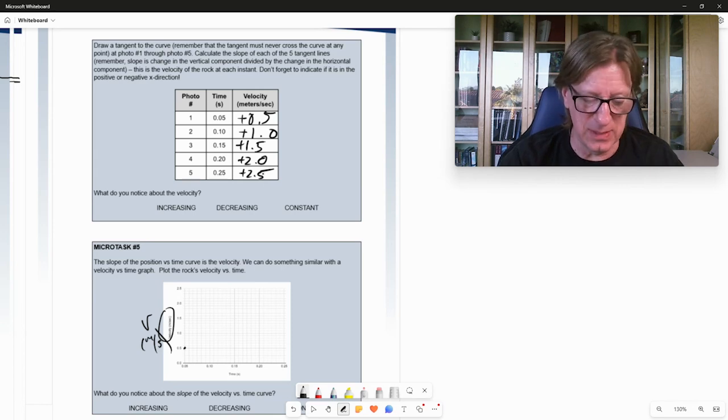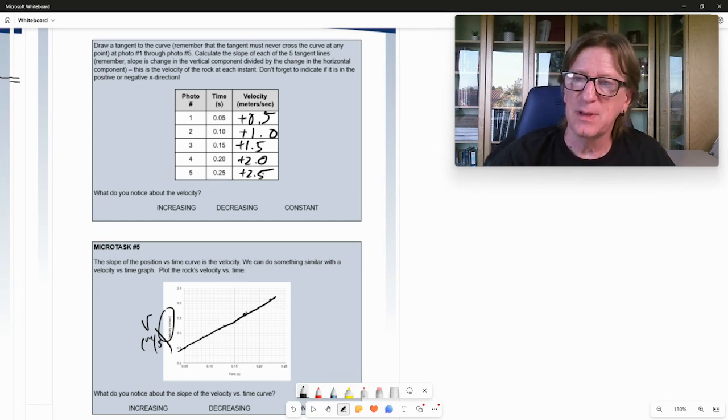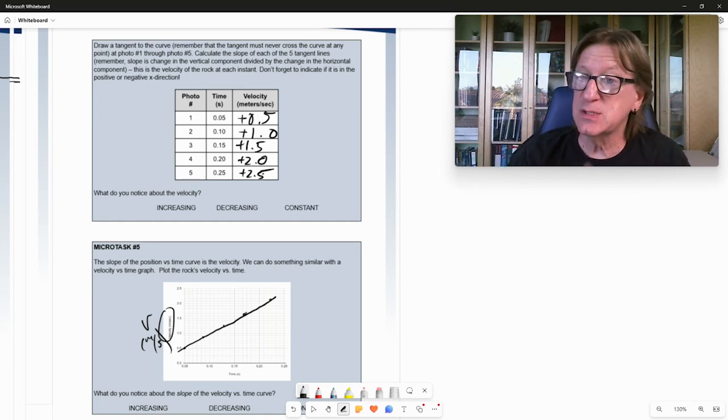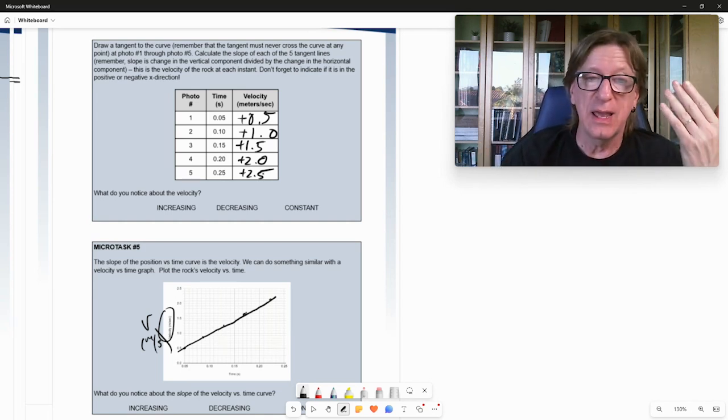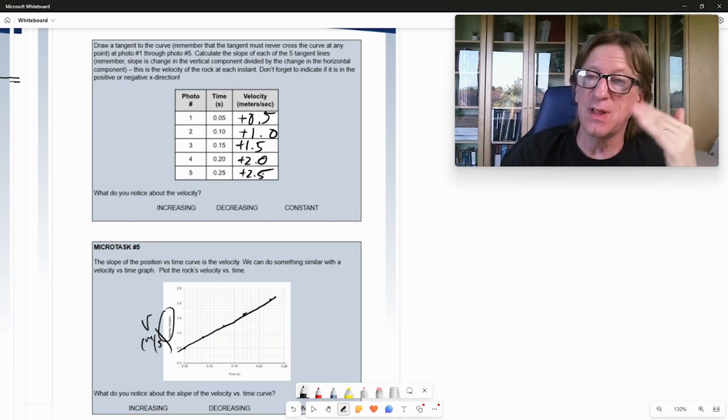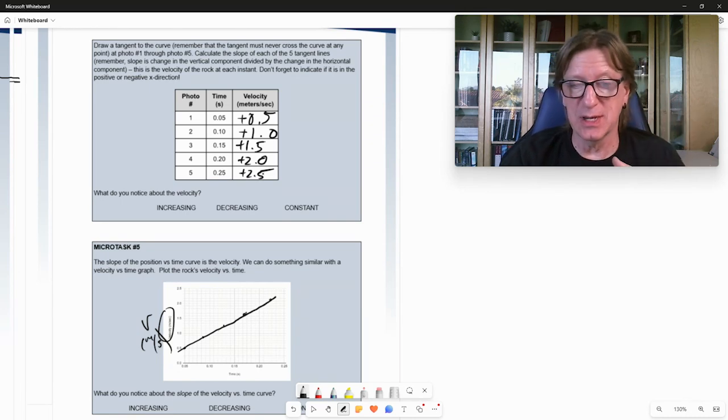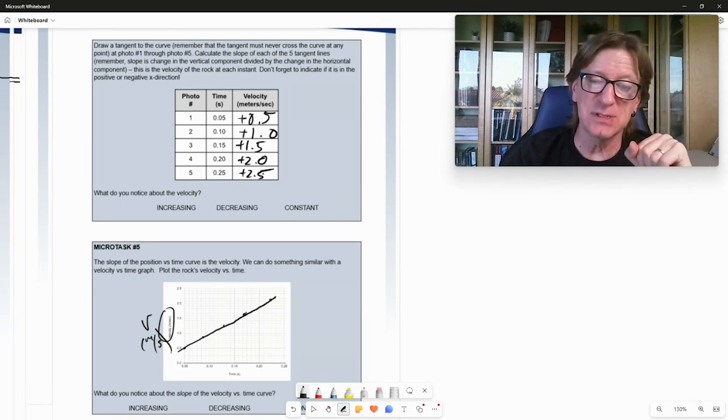I'm not being very careful with how I'm plotting this because I'm just going to sketch it. I'm going to get something that looks like this. You see that it's going up at a steady rate. For every 500th of a second, the velocity increased by 0.5 meters per second. And when I plot that on the velocity versus time curve, I get a straight line.